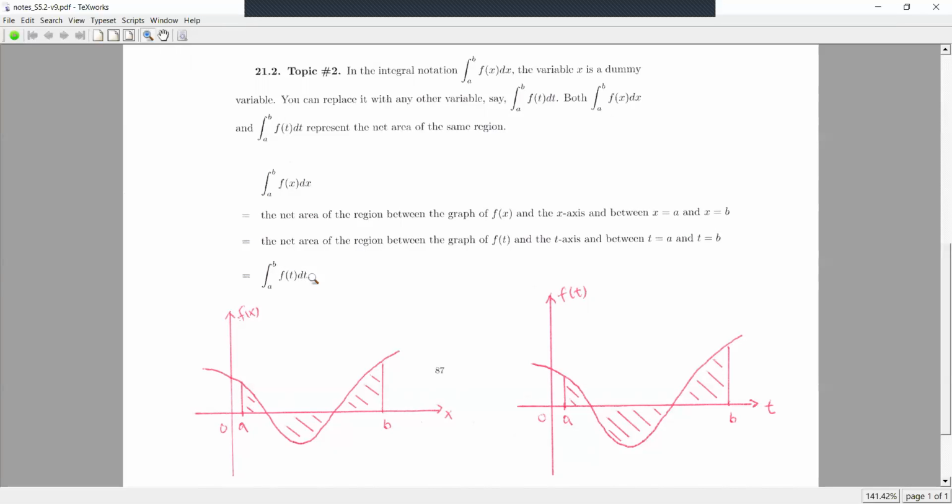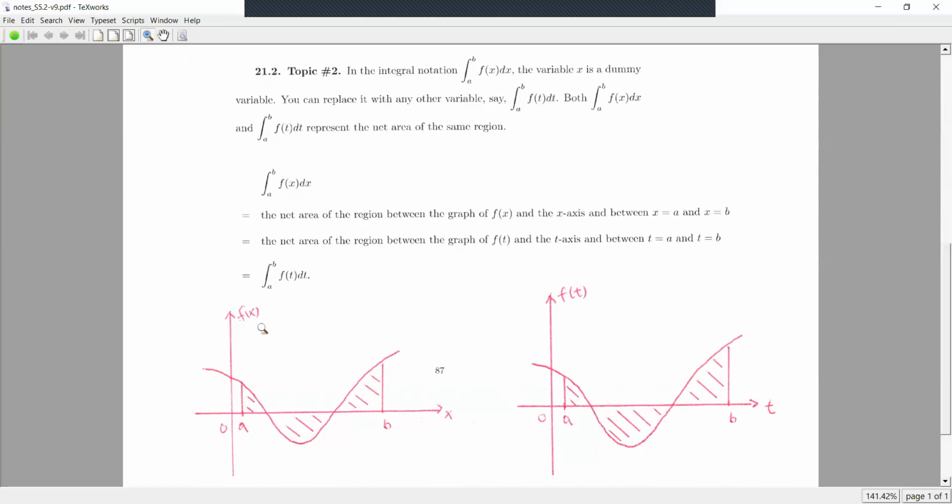How about the new integral? The new integral is the net area of the region between the graph of the function f of t and the t-axis and between a and b. So this new integral is the net area of this shaded region. This shaded region is on the t, y plane.